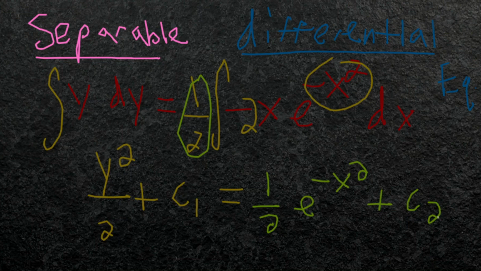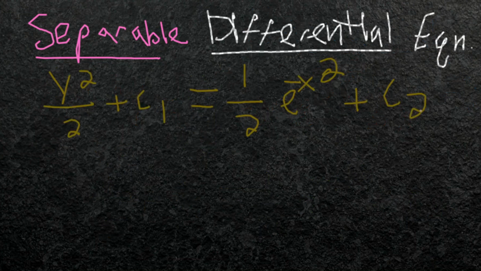And you might want to review integration techniques for this, as they are needed for separation of variables. Now, what can I do here? Well, I have a constant on the left-hand side. It's an arbitrary constant. We don't know what it is. I haven't used the initial condition yet, so if I just subtract c1 from both sides, the c1s will cancel out, and I'll have a c2 minus c1 on the other side.